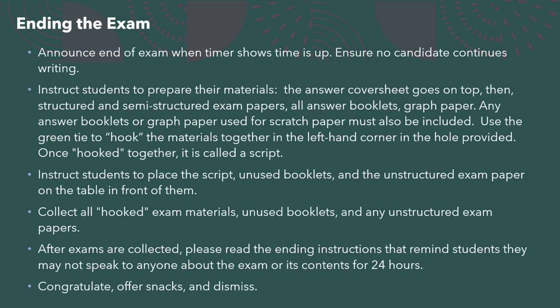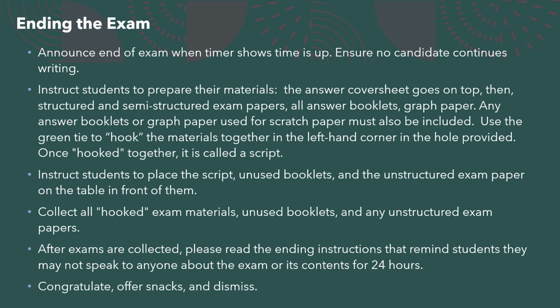The blue answer cover sheet goes on top. Then the structured and semi-structured exam papers go behind the answer cover sheet. Then any answer booklets or graph paper that they used, including answer booklets or graph paper that they used just for scratch work or planning work, all gets sent with the answer cover sheet to the scanning center.